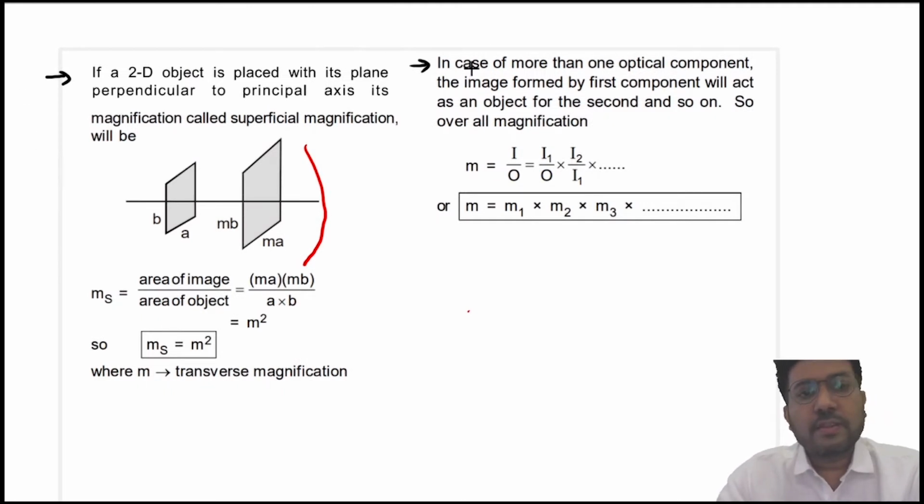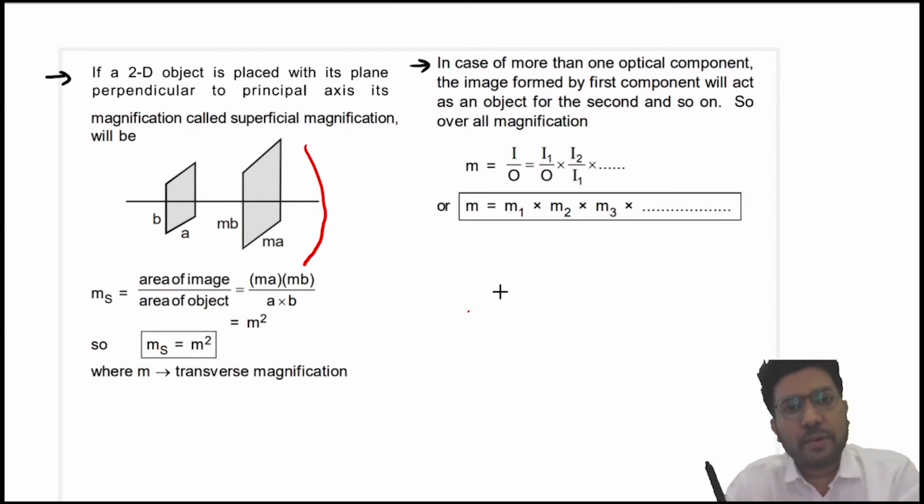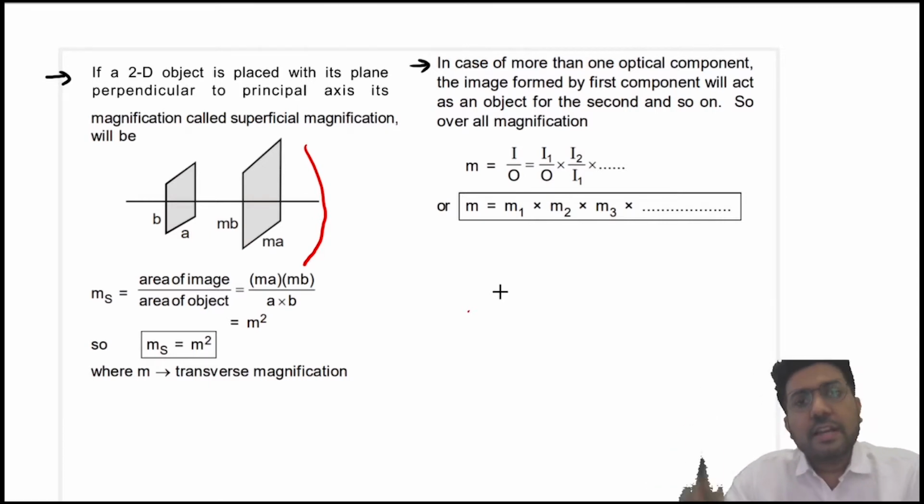Right. Now the next point is in case of more than one optical component. So if there are more than one optical component, that means the image from the first optical component will be object for the second, and similarly the image from the second will be object for the third, and this will continue, right? So then what is the net magnification?